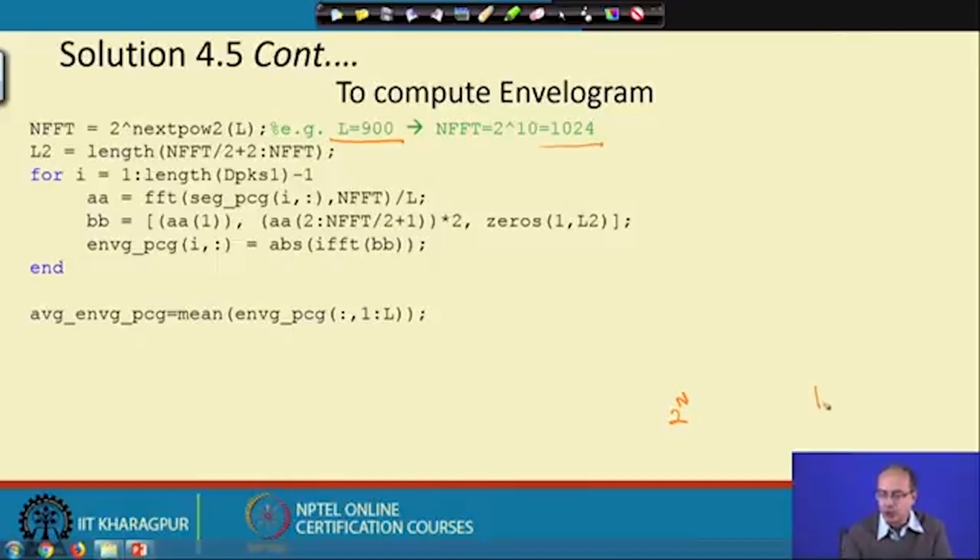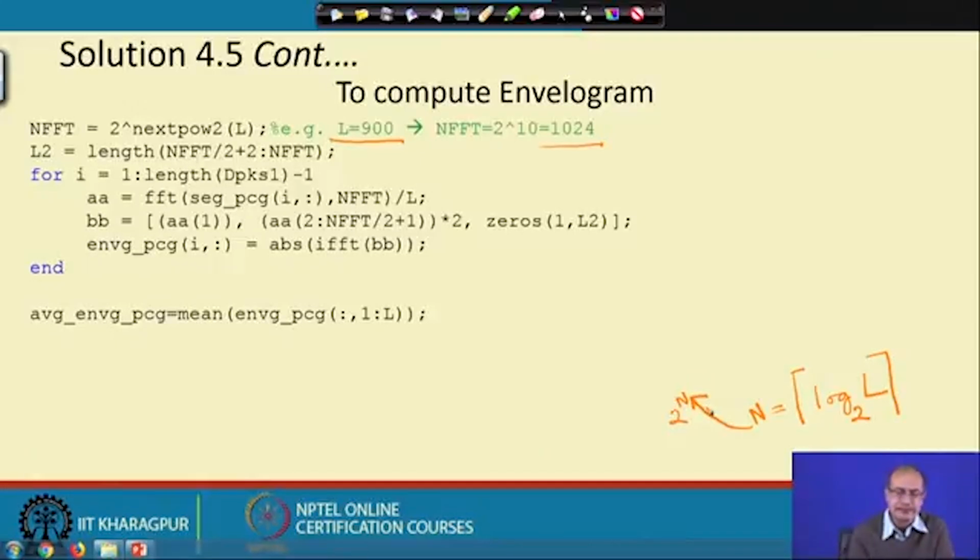We can take the log to the base 2 of L, and take the ceiling of that to give us n, and with that n we can compute 2 to the power n.